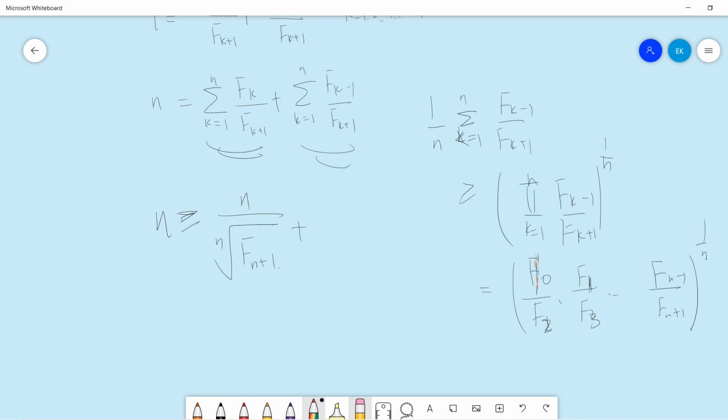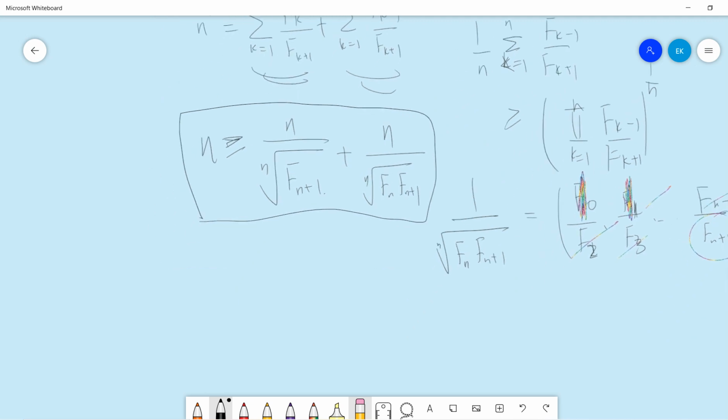By the way, this is 1 and this is 1. But what I want to say is that f2 cancels, and it keeps canceling, but there will be two terms remaining, this f(n+1) and f(n). So two terms survive, and this term will be the square root of f(n+1). So we get this.